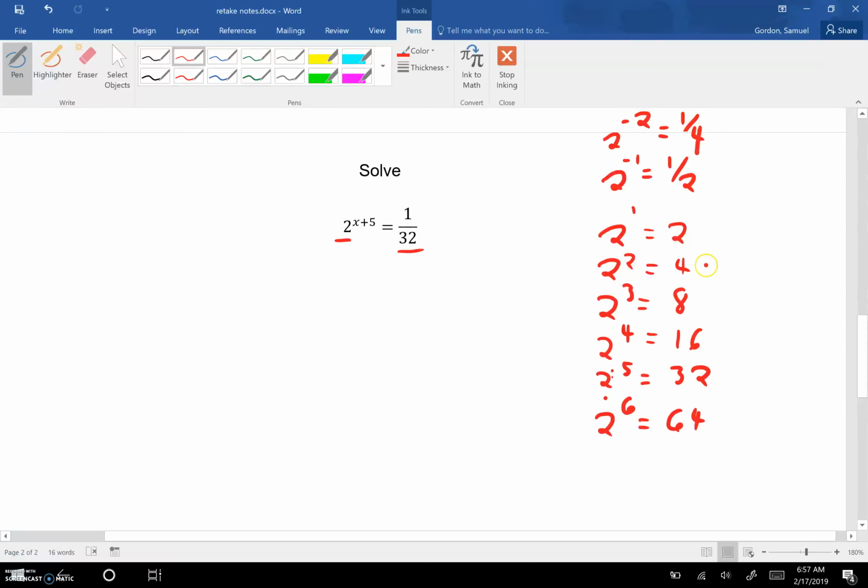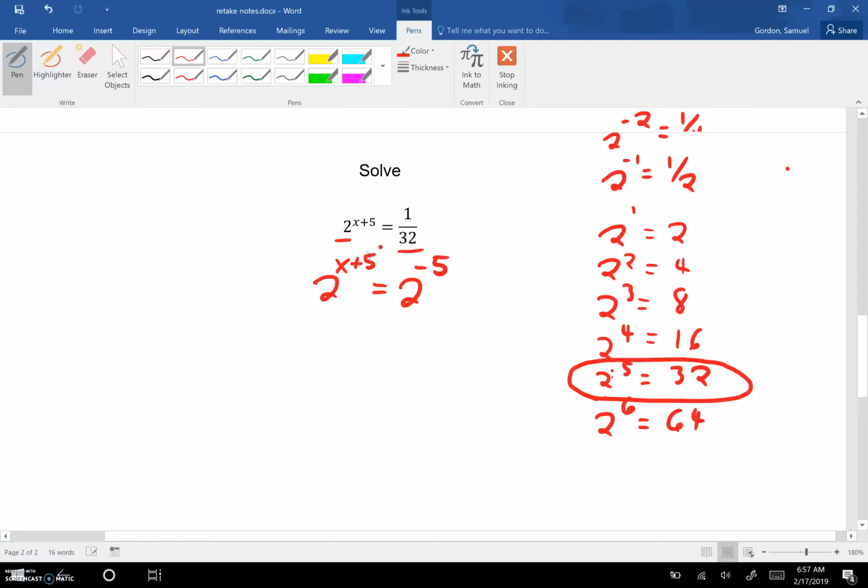And you can kind of see, hey, 2 to the second is 4, so 2 to the negative second is a fourth. That must mean, if 2 to the 5th is 32, that 2 to the negative 5th is 1/32.